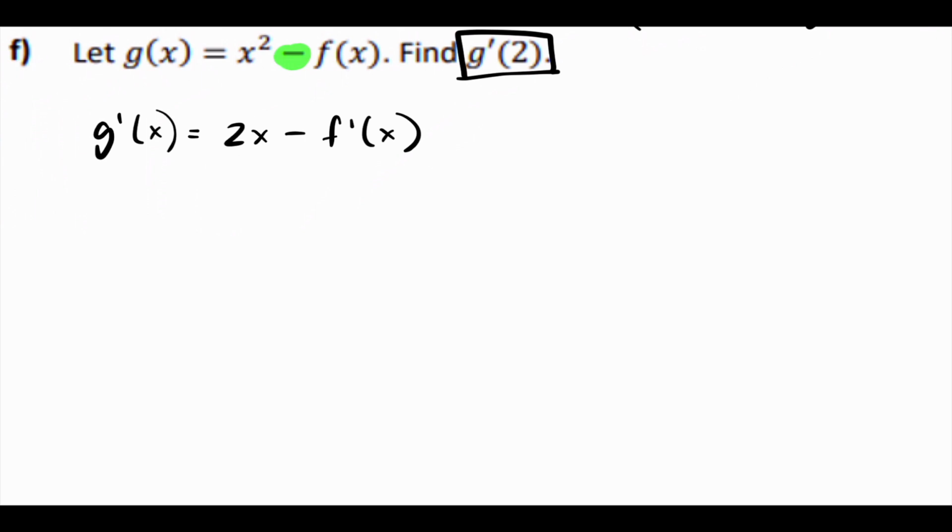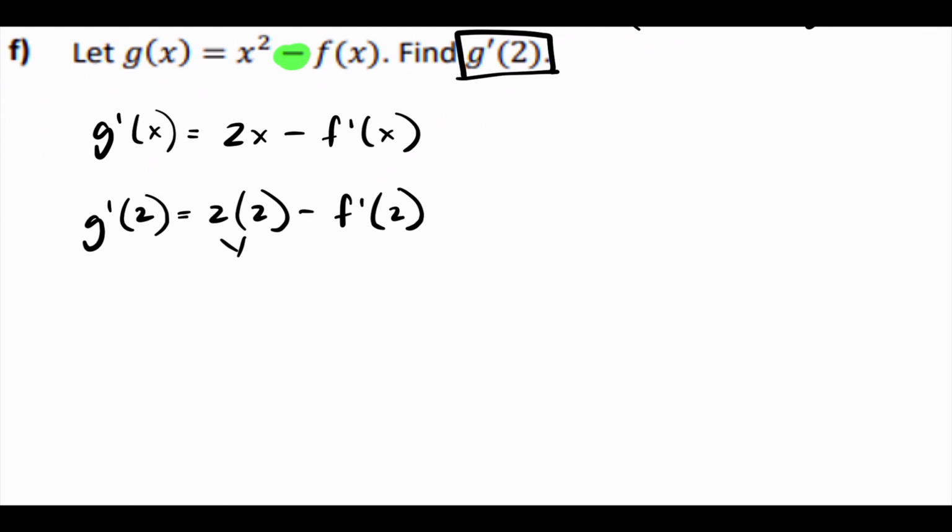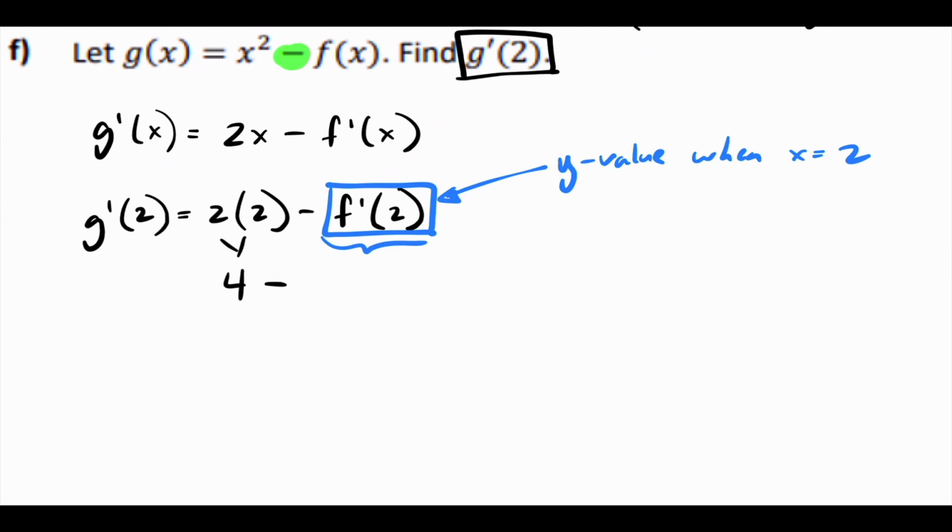Plug in 2. Everywhere you see an x, I'm going to plug in 2. Okay, 2 times 2 is 4, minus. How do I find f prime of 2? I'm going to use the graph. That guy right there is the y value when x equals 2.